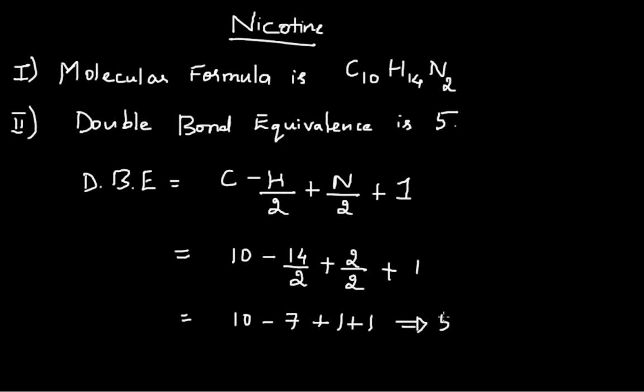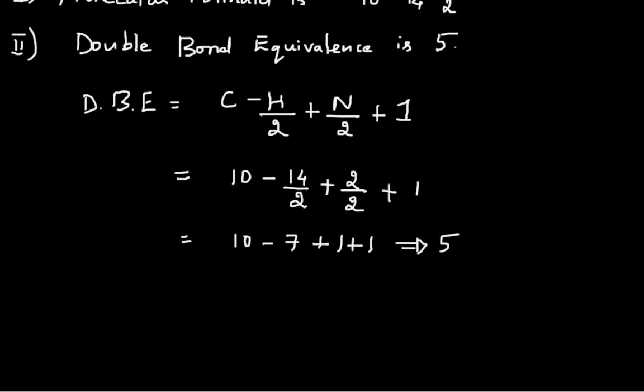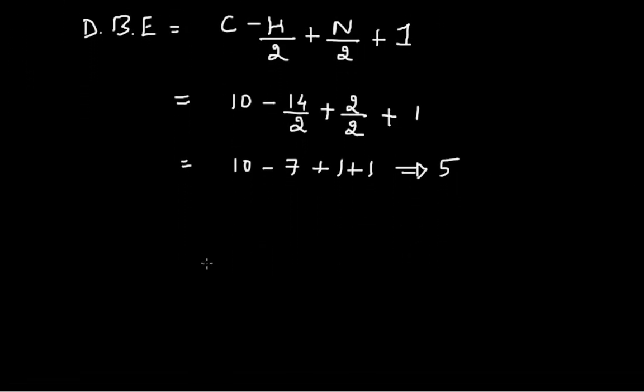Okay. So what does double bond equivalence signify? What this number tells us is, if double bond equivalence is 1, it means there is one double bond or one ring. I'll just give you a brief idea.